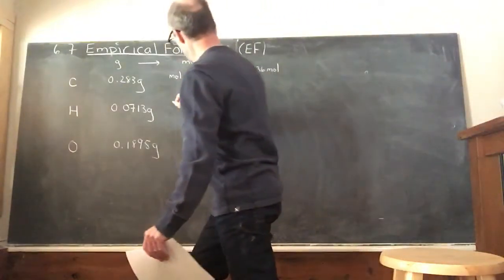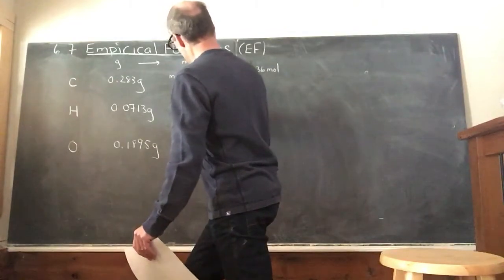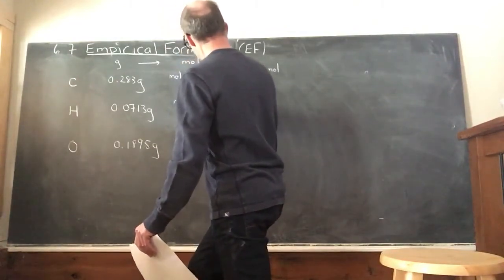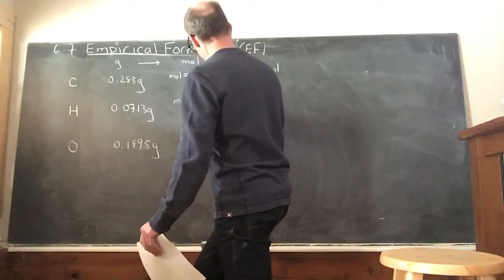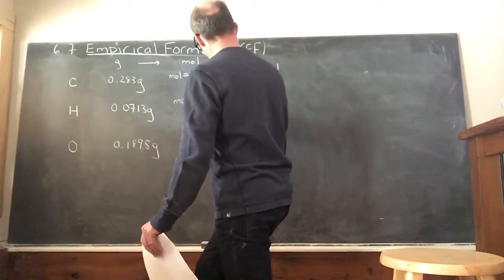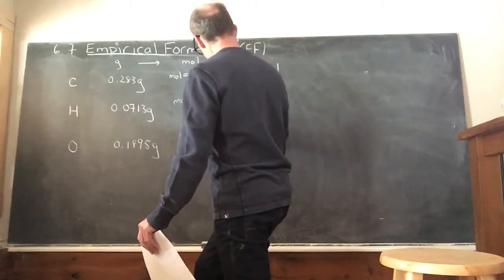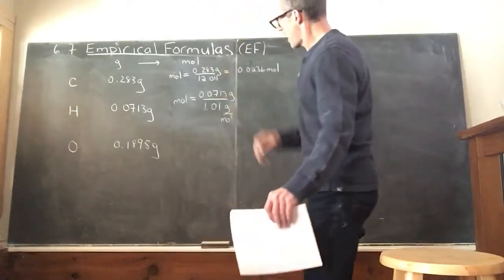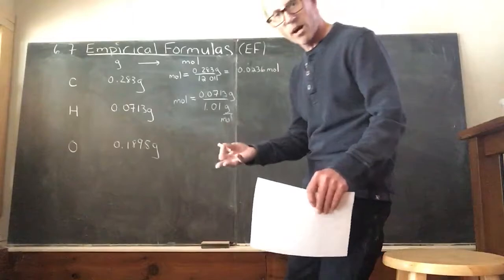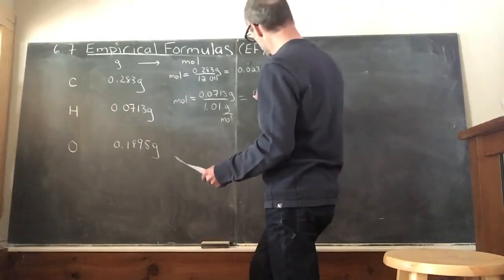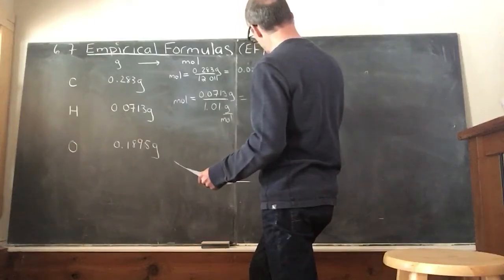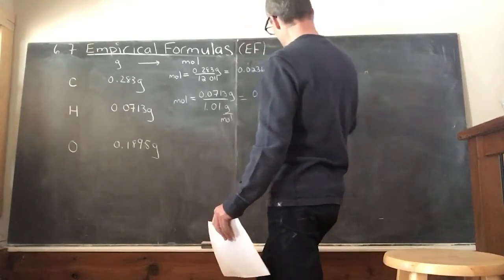Let's continue. In the case of the hydrogen, the moles is equal to 0.0713 grams. The atomic weight of hydrogen is 1.01 grams per mole. Notice I'm going a little more accurate here because we don't want to have a round off error. This ends up giving us a value of 0.0706 moles.